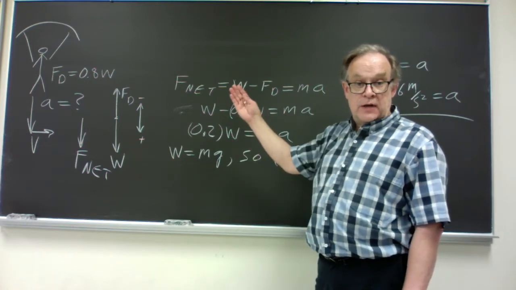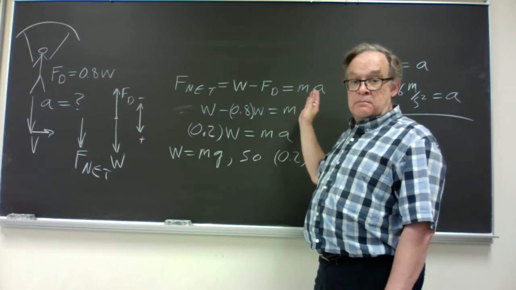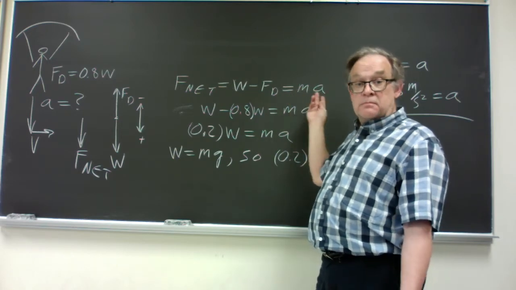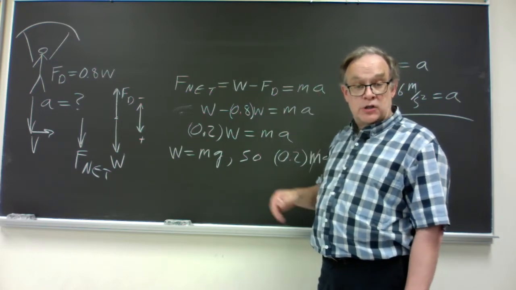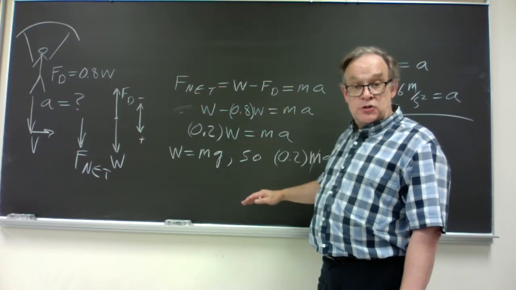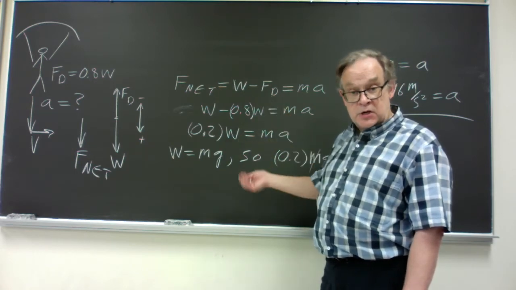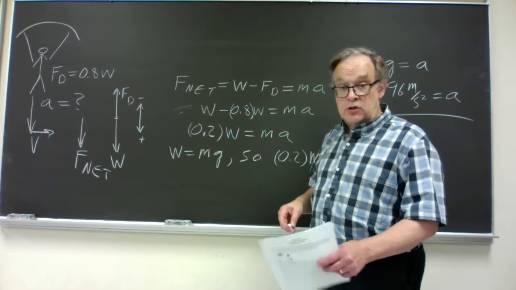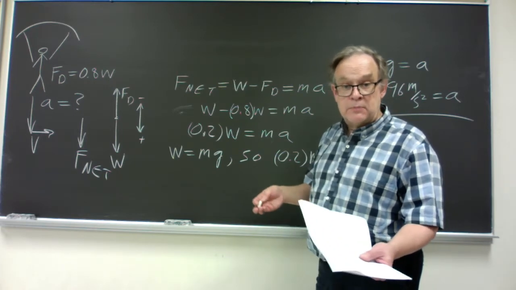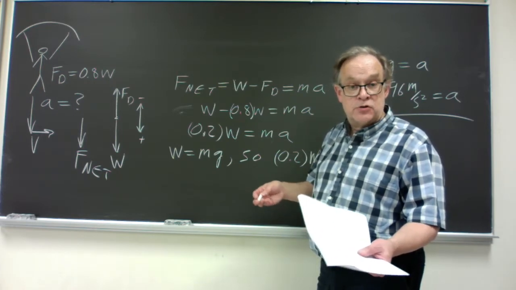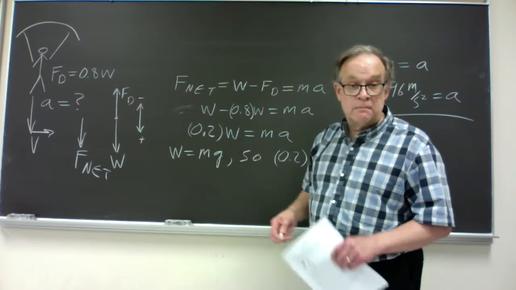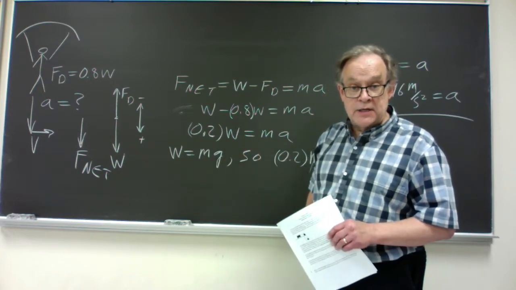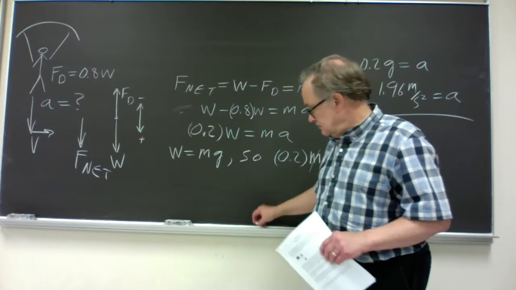And once you have that algebraic expression, since it is a net force, it's equal to mass times acceleration. Then the third step is just to do whatever algebra is necessary to get your answer. Algebra plus sometimes using a few other facts that you might know. In this case, we had to use the fact that you calculate the weight as mass times g.